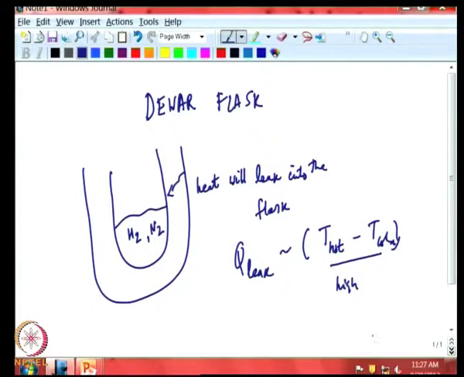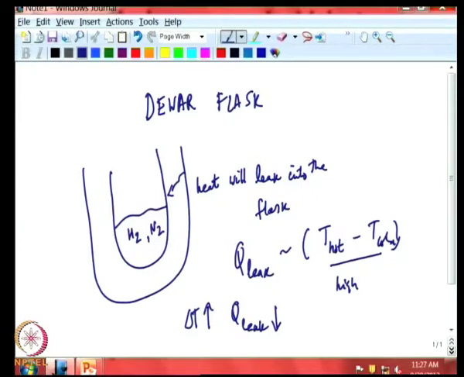Not only that, there are situations wherein as the temperature difference increases, the heat leakage decreases. So, this is a completely counterintuitive result, which goes against all the previous understanding of the nature of heat transfer between two surfaces.